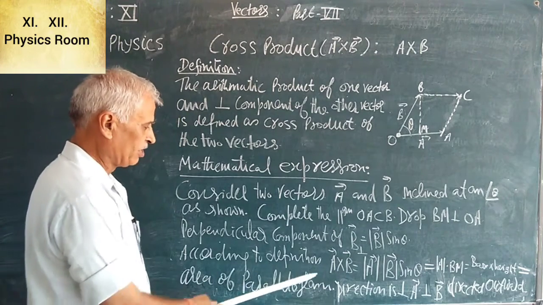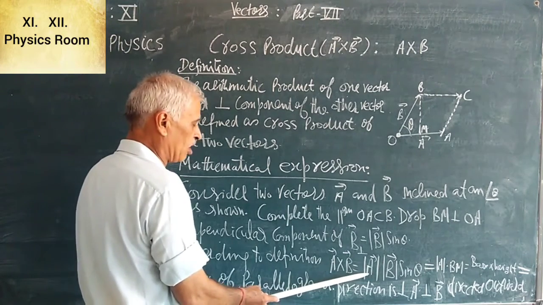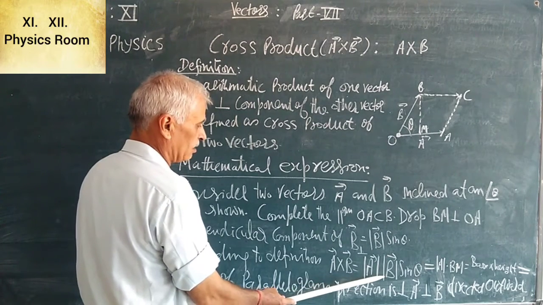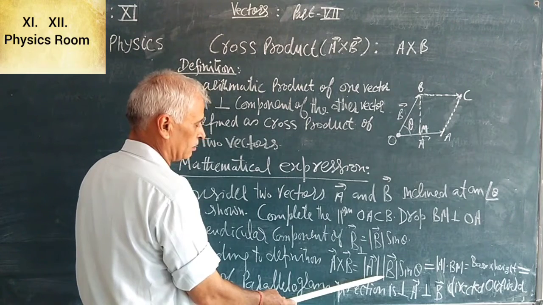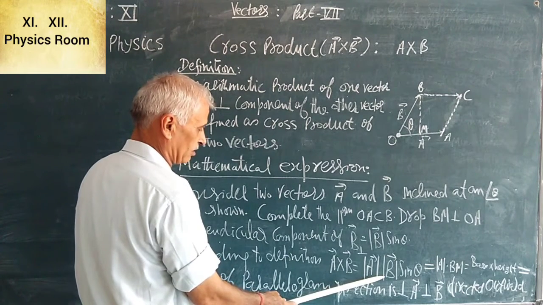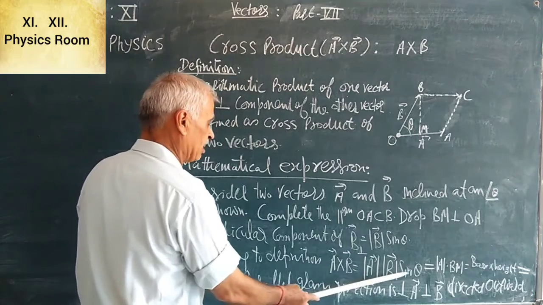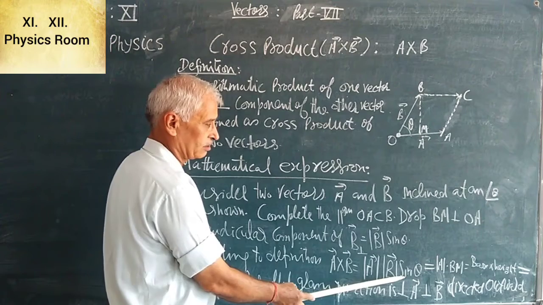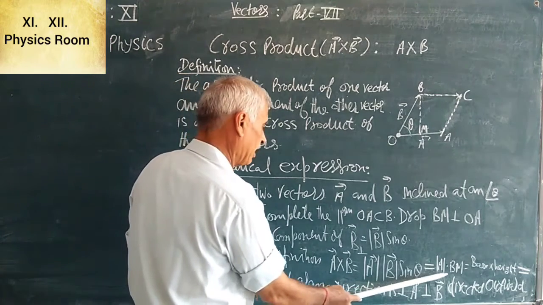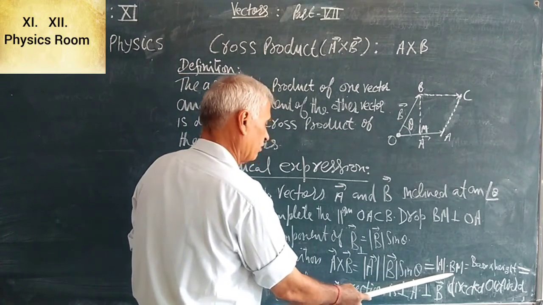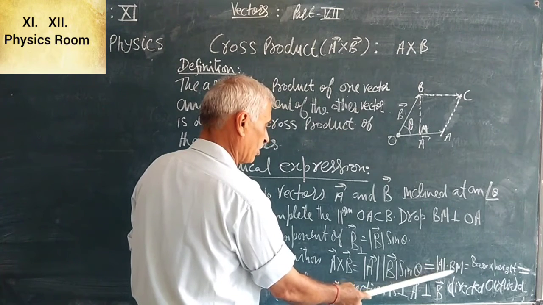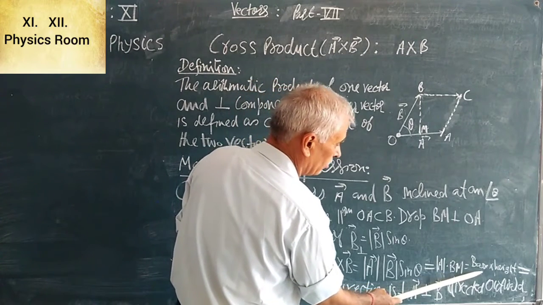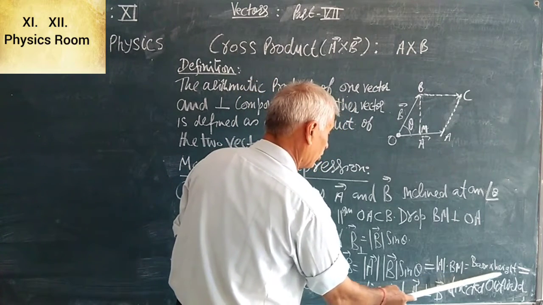Now according to the definition, A cross B will be equal to mod A, the magnitude of the first vector, multiplied by the perpendicular component of the second vector. So mod A, mod B sin theta. Mod B sin theta is the perpendicular component of the other vector. So it is equal to mod A into BM, base into height.